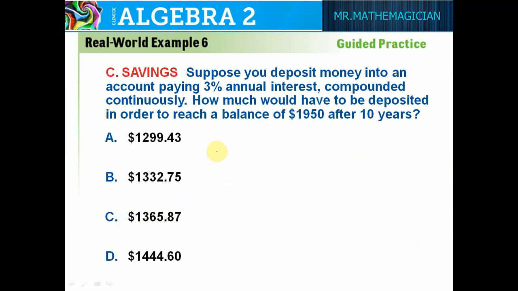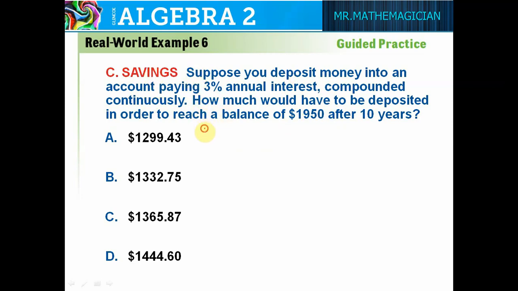Another problem. Suppose you deposited money into an account paying 3% annual interest compounded continuously. How much would have to be deposited in order to reach a balance of 1,950 after 10 years? So let's gather the information.